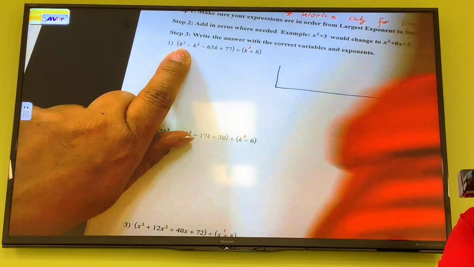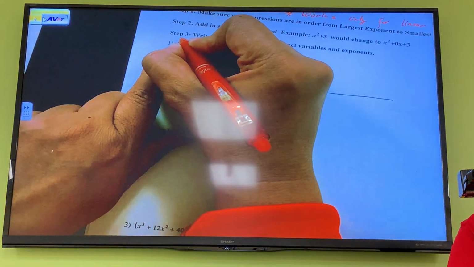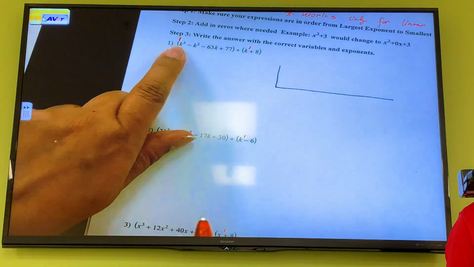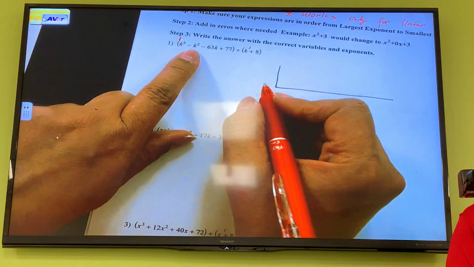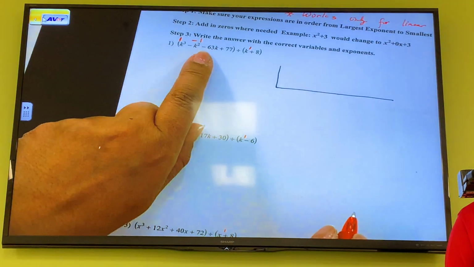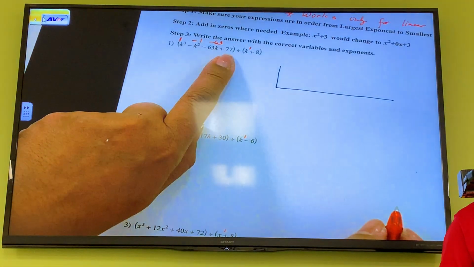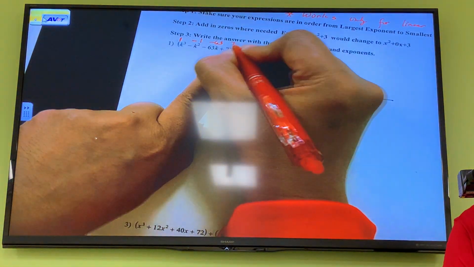So if it's k cubed, you're going to use 1 because it's the same thing as 1k cubed. Then minus k squared, we're going to use negative 1. Negative 63k, we're going to use negative 63. And positive 77 is, of course, just 77.